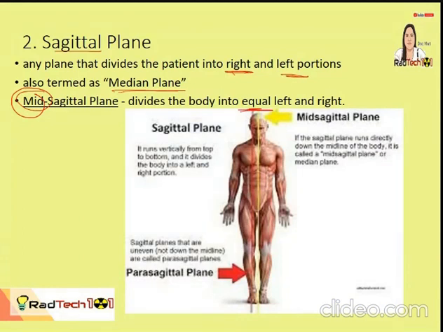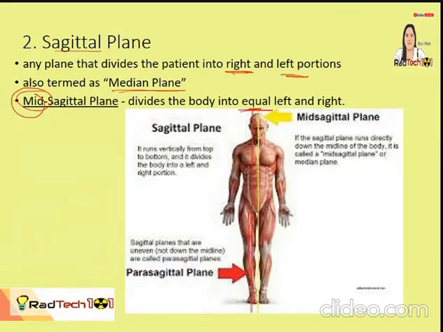When we say parasagittal, so hindi siya nag-start sa center. If you can see the red line here, so it starts here and in this one. So hindi siya nahati yung body into equal parts, or hindi siya nagsimula sa center.